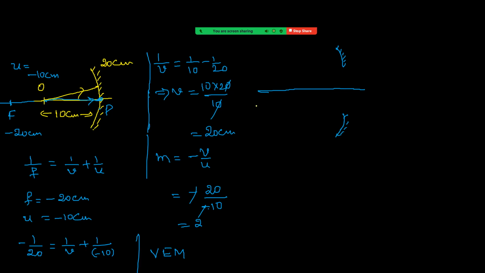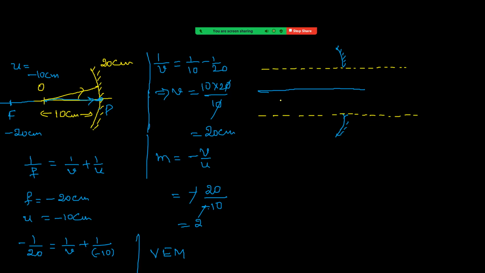So here the key point is that when we cut along the principal axis and after cutting, we are displacing these perpendicular to the principal axis. That means now for the upper one, this is the principal axis. And for the lower one, this is the principal axis.